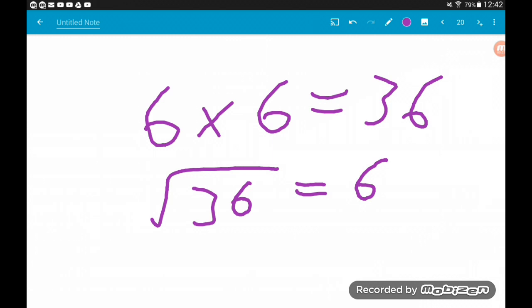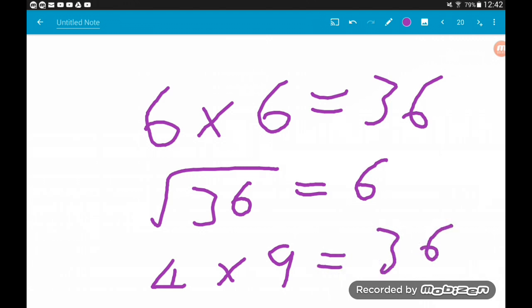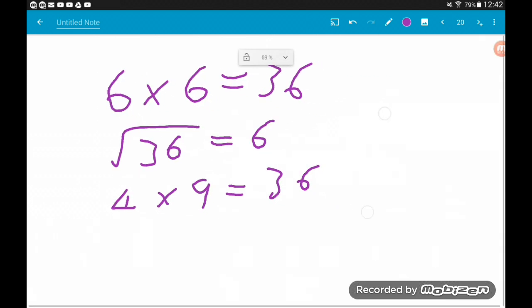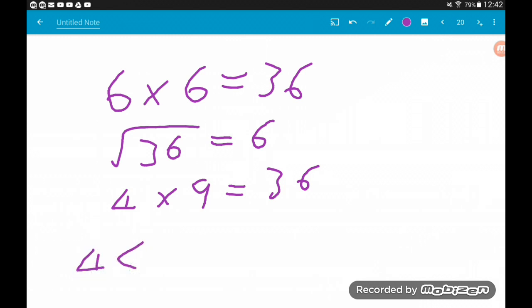Well, another factor pair of 36 we could say is 4 times 9 is equal to 36. That's also true. Now, let's think here about what's happened. So, 4 is less than 6, and 6 is less than 9.